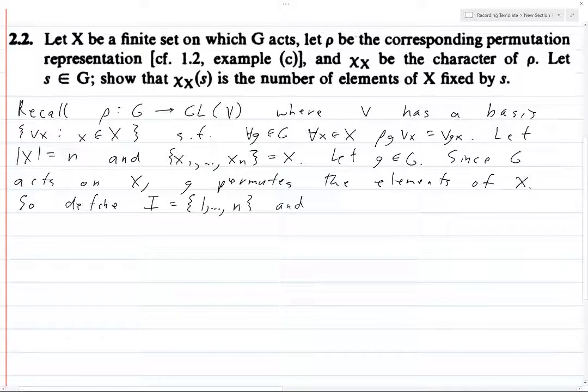So that's capital I, and we're going to let sigma g be an element of Sn, a permutation on n letters, such that for all i and j in capital I, the collection of indices, so i and j can each range from 1 to n, we're going to have sigma g of xi equals xj.